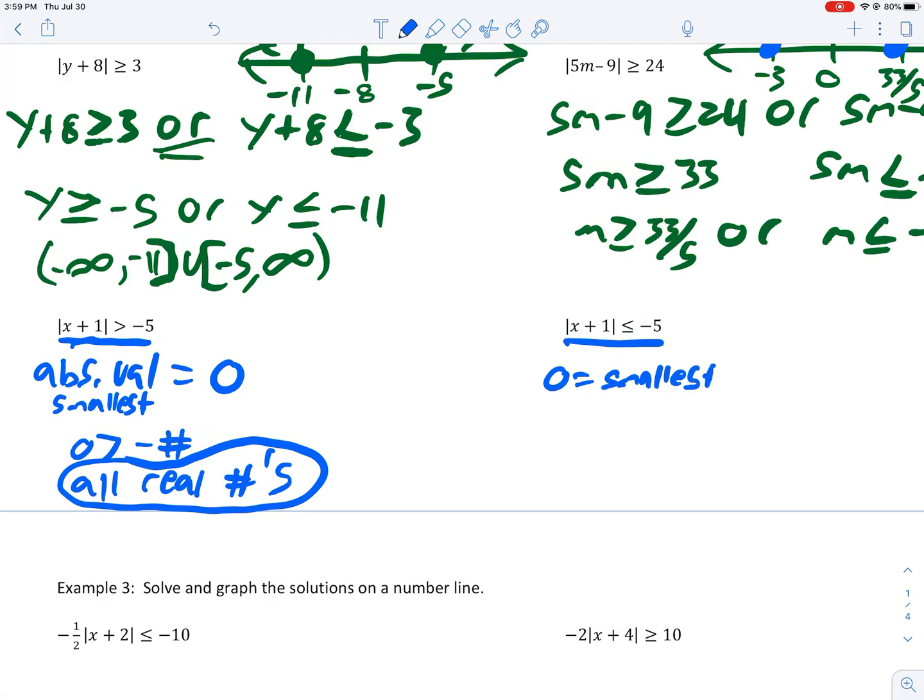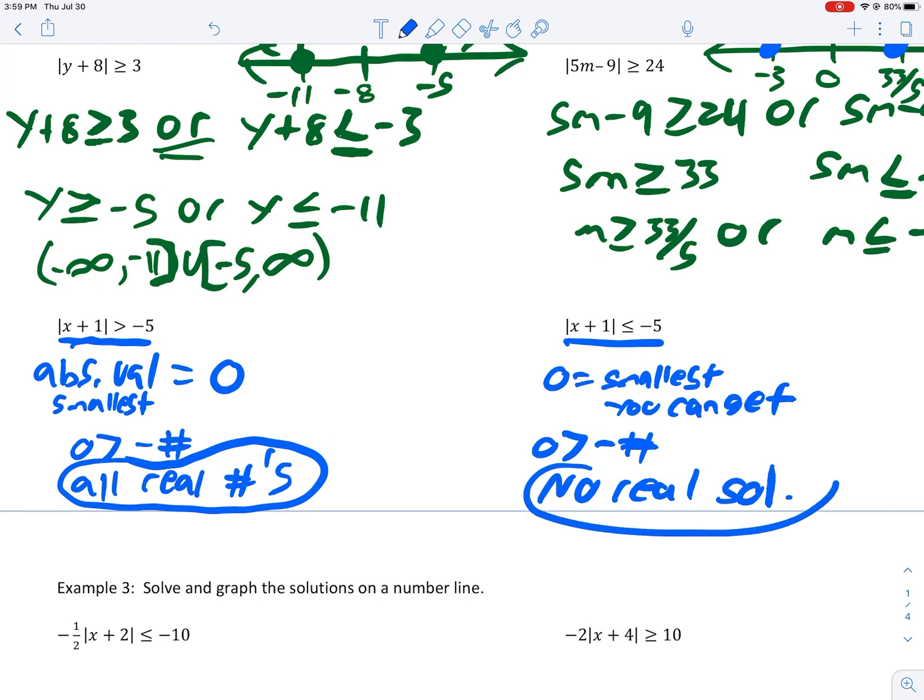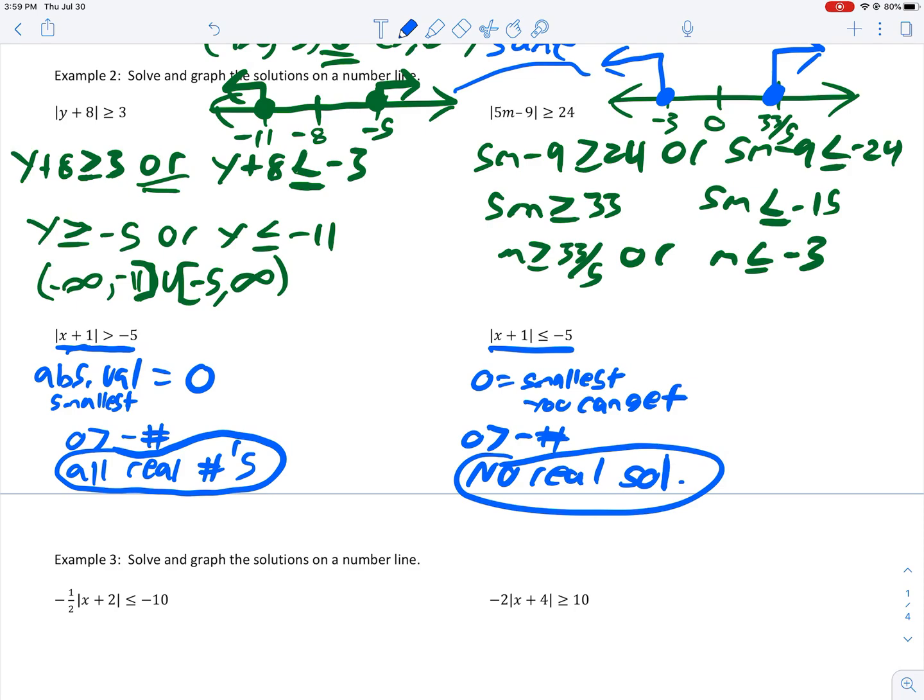Well, 0 is the smallest, and 0 is greater than every negative number. So this one has no real solution.